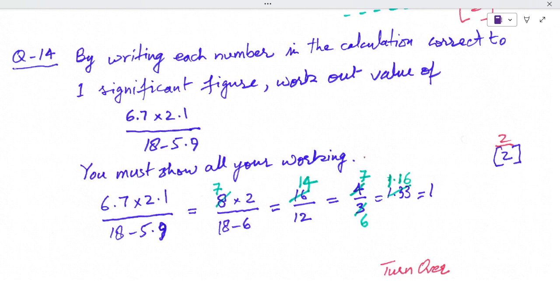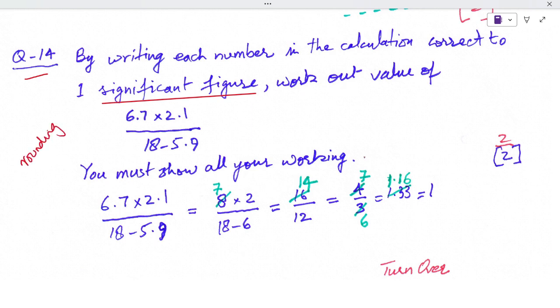Question 14 is again of simplifying a number or a fraction, and in this the examiner has also tested your knowledge of significant figures, and he has asked you to reduce the numbers to one significant figure, that means rounding off. We have already done a rounding off question earlier in this paper.